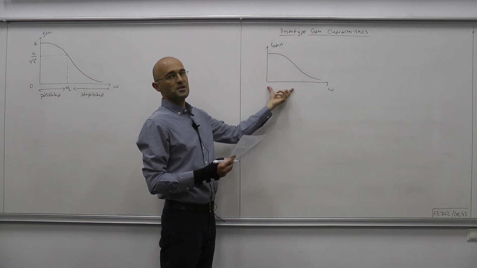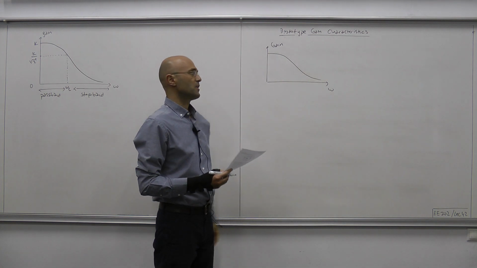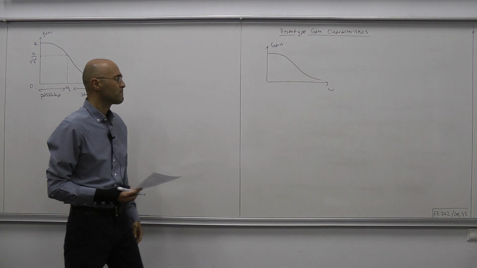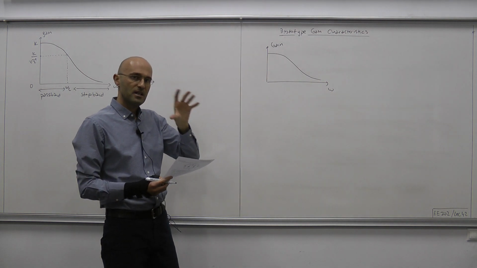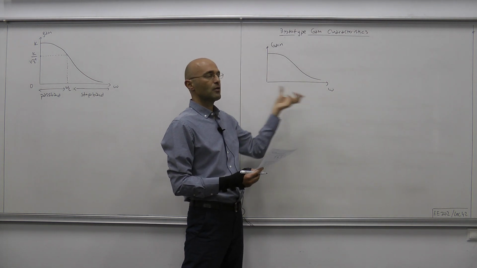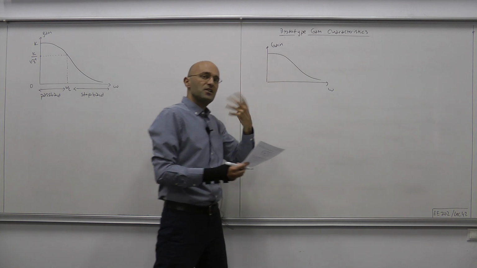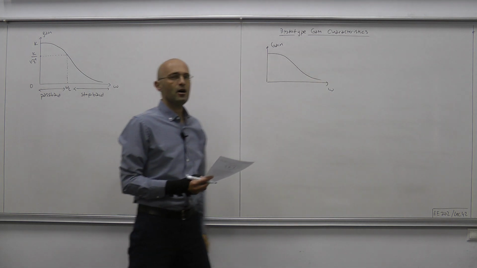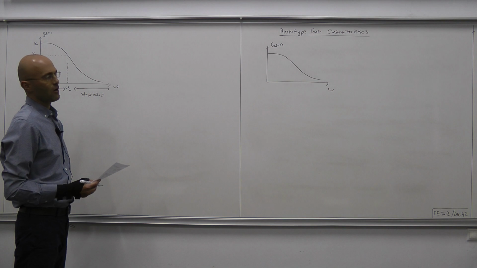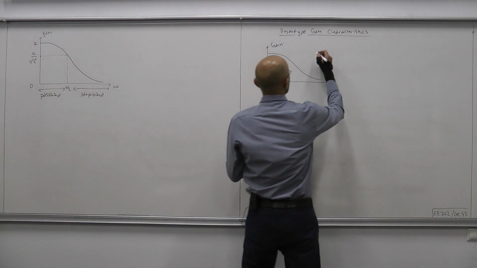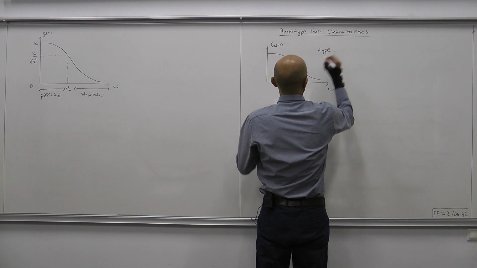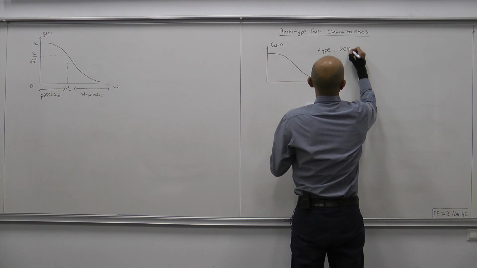For the low frequencies, they pass to the other side, and we see them at the output. And as for high frequencies, even though we have some significant input, at the output we don't see much. Since the low frequencies are allowed to pass to the output side, such characteristics are called low pass characteristics. So here the type is low pass.